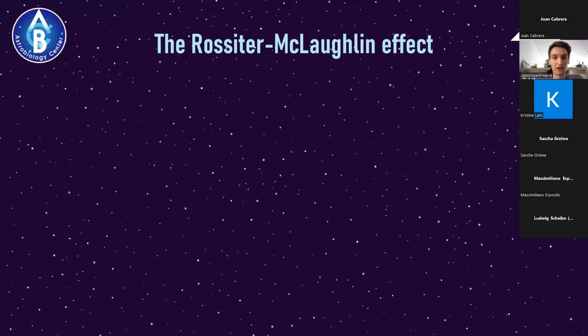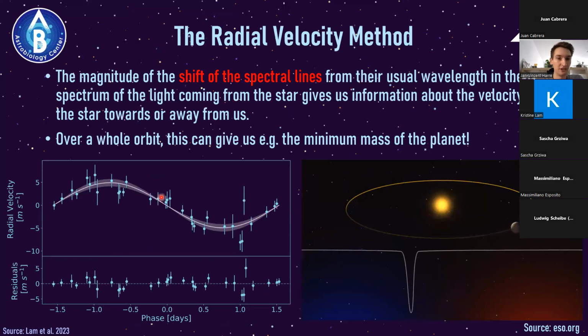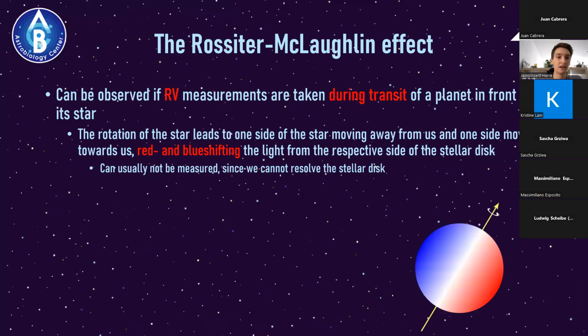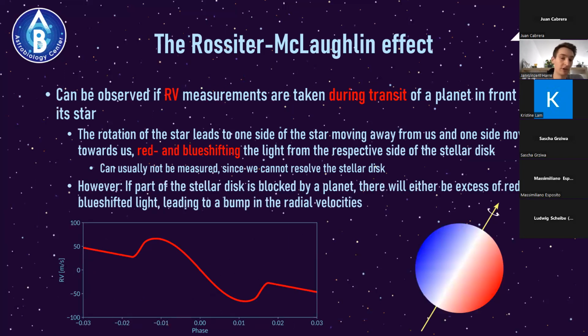If we have a look again at the other plot, this is only a very, very tiny part right here in the middle, where we can see this effect. If the planet comes in from this side, then part of the blue shifted light will be blocked, leading to a positive bump in the radial velocities.